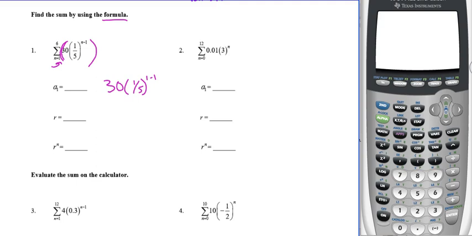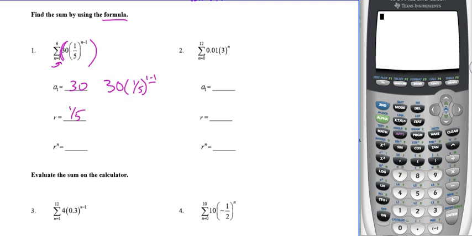It tells you to use 1. So you plug that in, and that's, of course, 1 minus 1. That's 0. So 1/5 to the 0 is 1, times 30 is 30. All right? Our R value is the number that has the exponent, so that's 1/5.